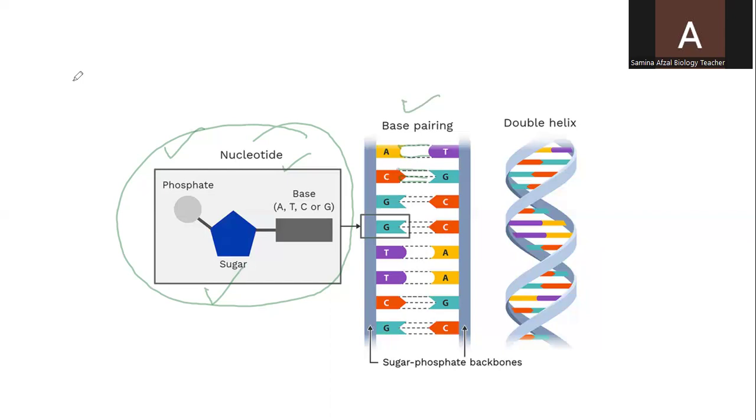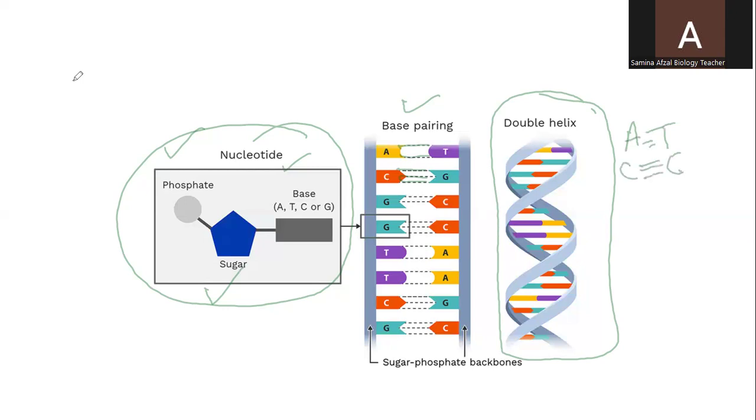And these two DNA strands are twisted together and make a double helical structure. In the double helical structure, adenine always pairs with thymine and cytosine always pairs with guanine.